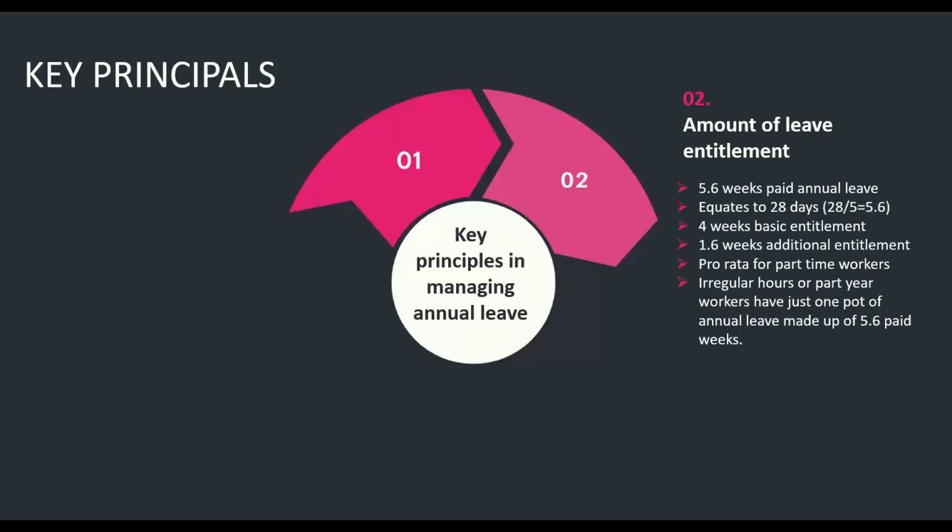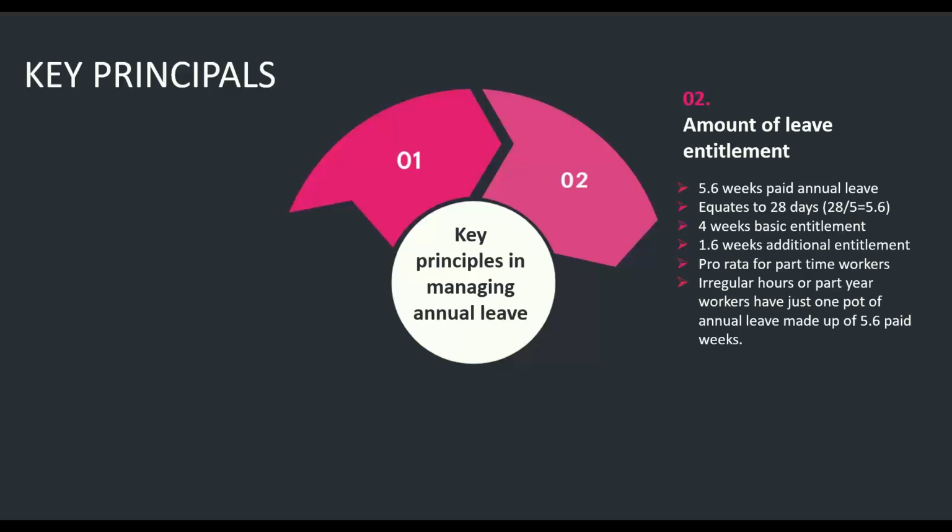This is really important because there are different legal rules behind each of these two pots of annual leave, although in practice employees just count all 5.6 weeks as one pot and don't differentiate, purely because of the administrative burden of managing two different pots of leave. But it'll all become a little bit more apparent as we go through the slides.